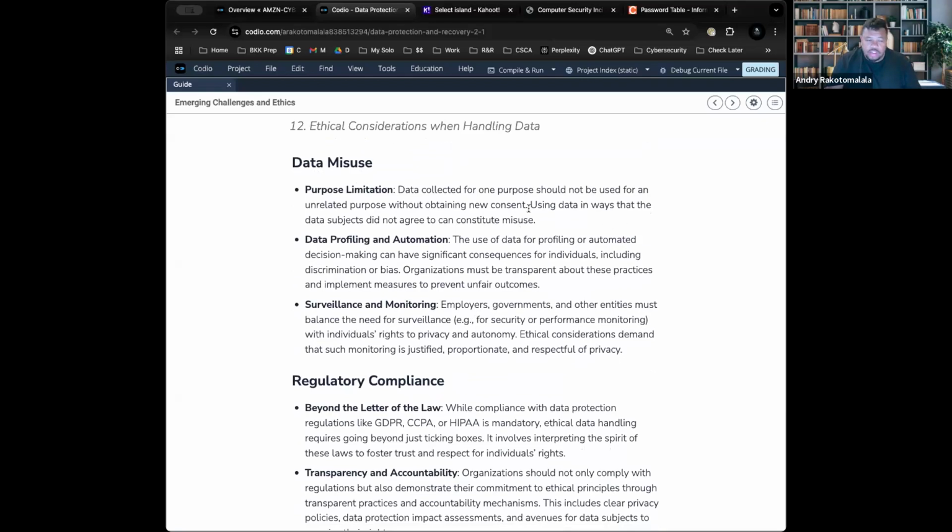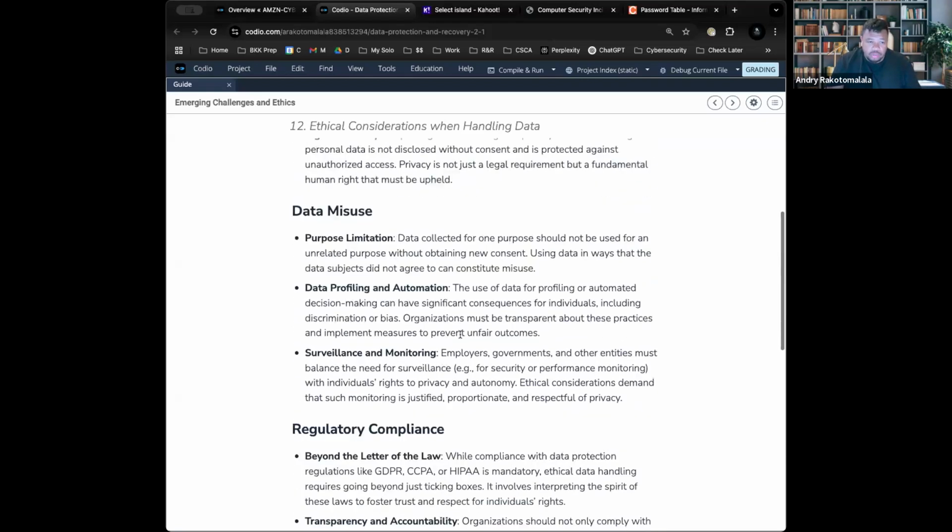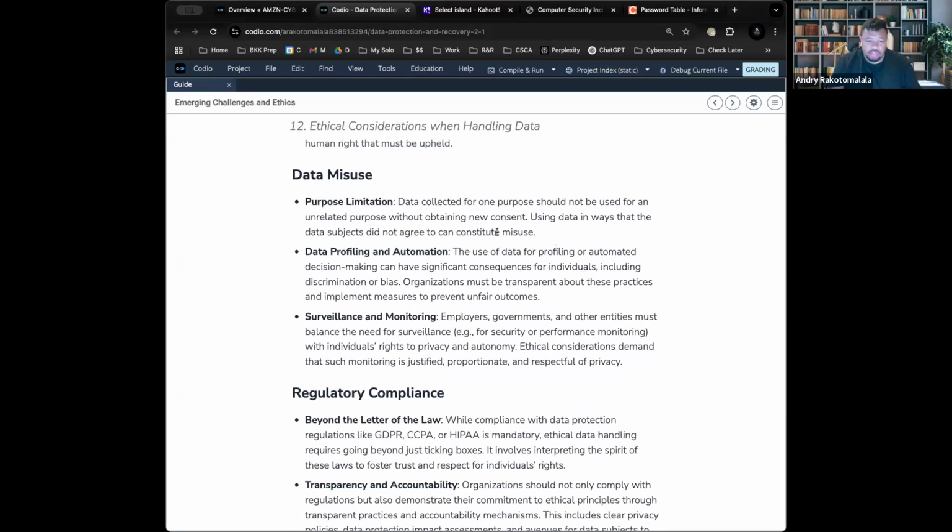And then there's data misuse. Like minimization, you should only be collecting data for its intended purposeful use. You should not be collecting data for non-purposeful use. For example, there is no reason why anyone should collect sexual orientation if they're trying to sell, let's say, cups or headphones.